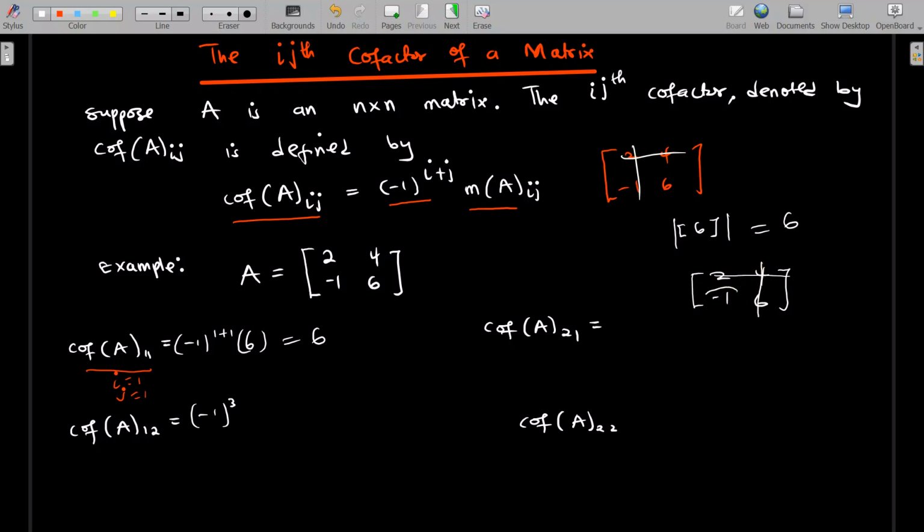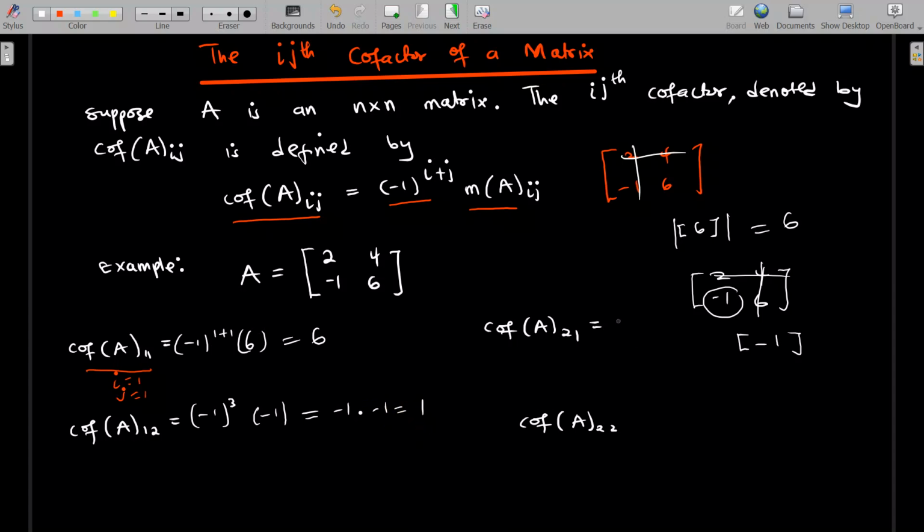You find the determinant of the element left, which is that element. So (-1) to the 3 is -1 times -1, which gives +1.